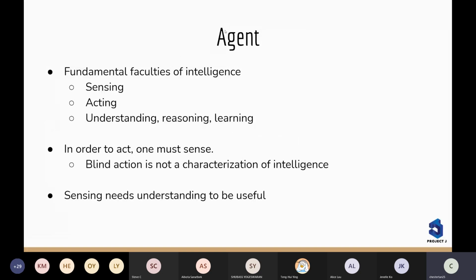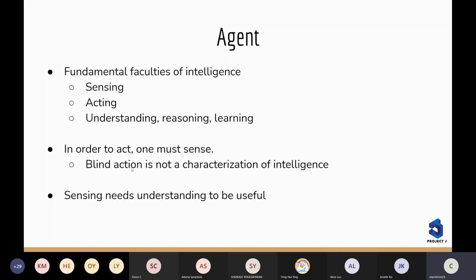Okay, so the fundamental faculties of intelligence, or of an intelligent agent, are that it must have the abilities of sensing, which is the sensor, acting, which are the actuators, and the ability to understand, reason, and learn from the percepts it gets from the environment.